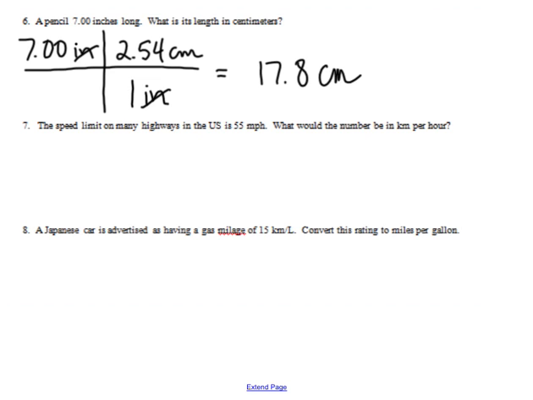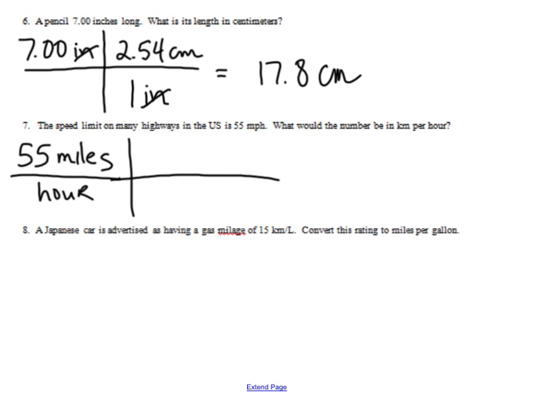We good? Okay. The speed limit on many highways is 55 miles per hour. This is a double unit. When we have per, you set it up where it's miles per hour. The per is that division. Okay? So what would be the number in kilometers per hour? So we're going to leave the hour alone. We're just going to change those miles to kilometers. Do I have any runners who know this conversion? 1 mile is 1.6 kilometers.